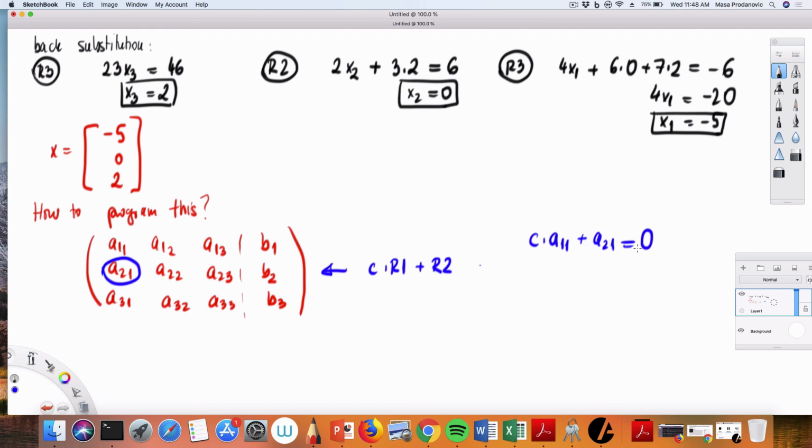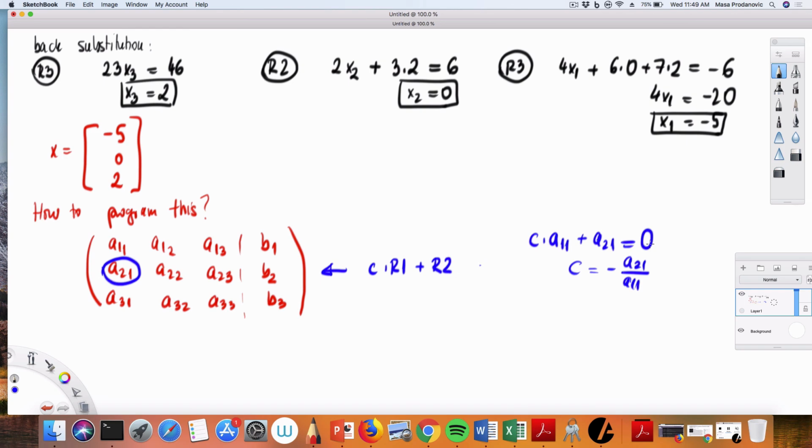So ask your question, write it down if needs be, and then translate to what it comes down to, right? So my C is minus A21 over A11. And maybe these numbers don't divide nicely. Who cares? Computer doesn't care. Okay?